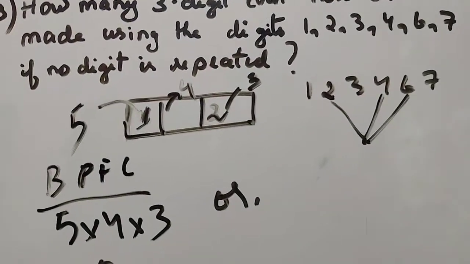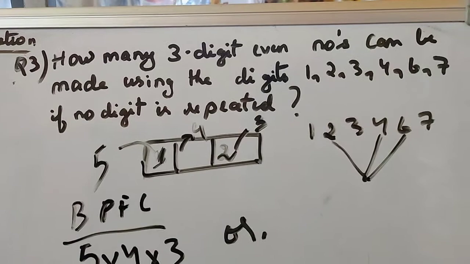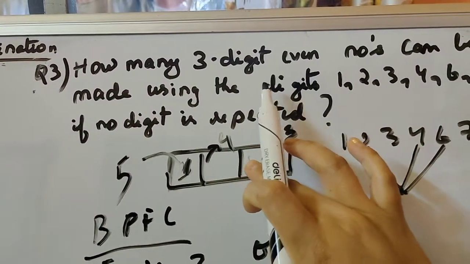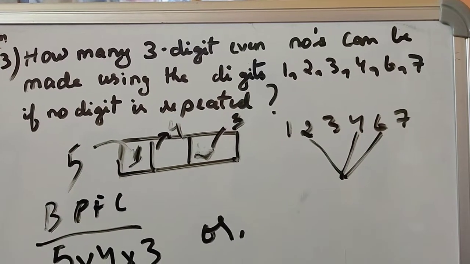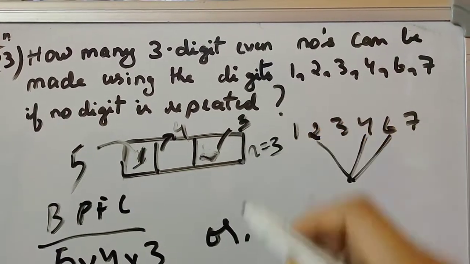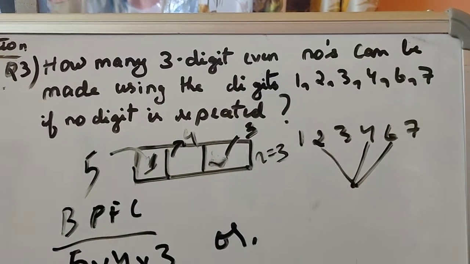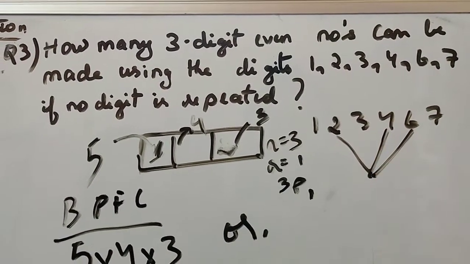Now using the permutation formula, how can you do it? Always consider first the one which has conditions. Here in the one place I have 3 options, 3 objects, that is 2, 4 and 6. So my n will be 3 in this case, and I'm considering one box, that is the one place. My arrangement will be 1, that is 3p1.